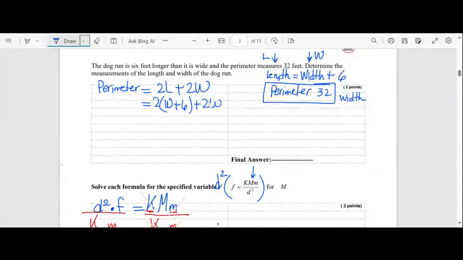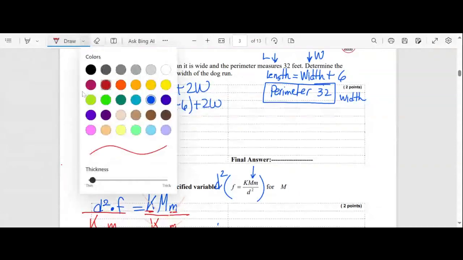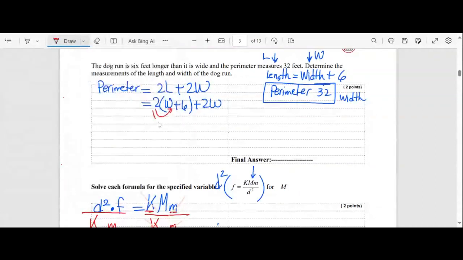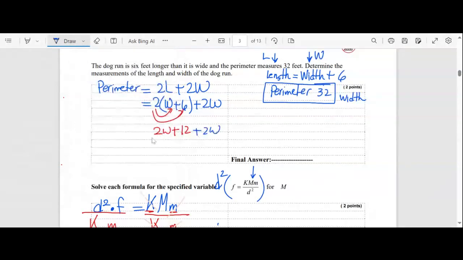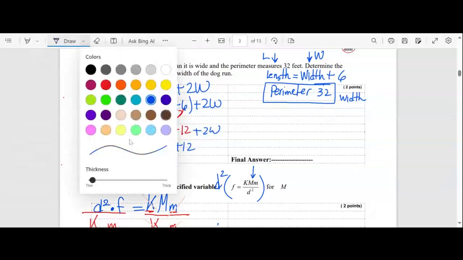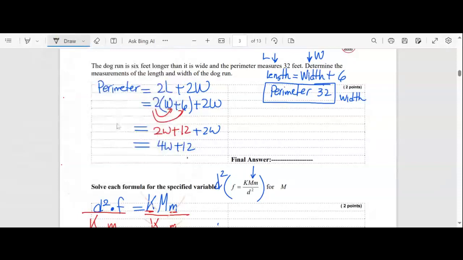Now I have to distribute the 2 how many times? 2 times W plus 12, plus 2W. 2W plus 2W, 4W plus 12. And don't forget, what did he tell you about the perimeter? 32, right?